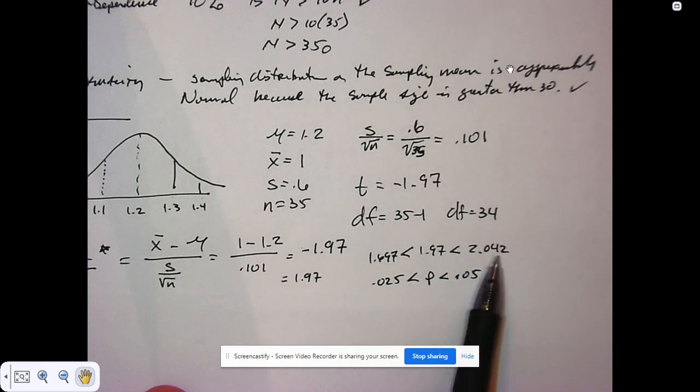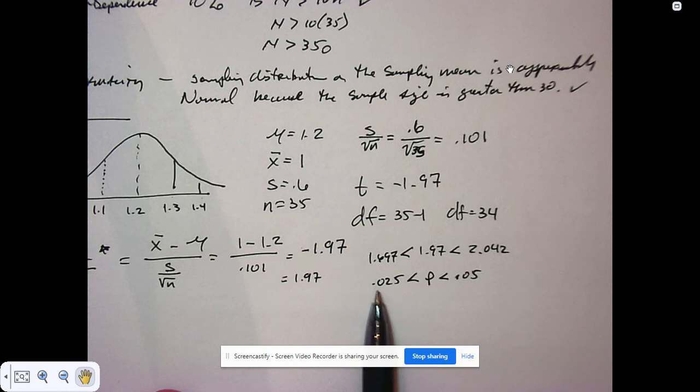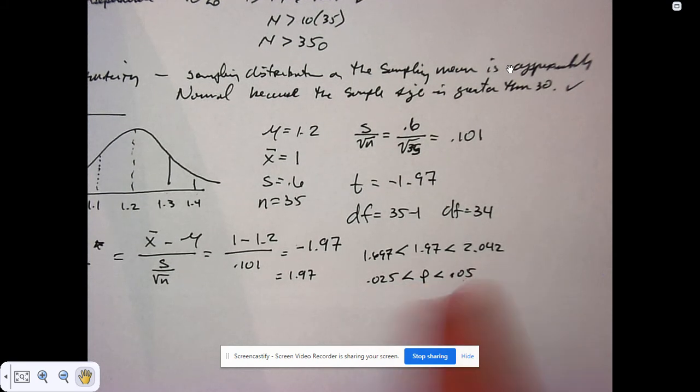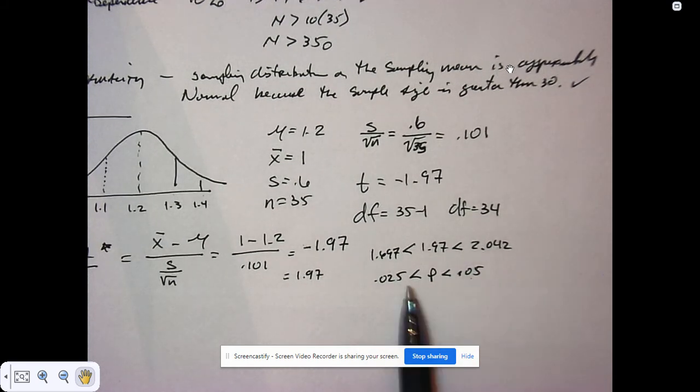The 2.042 is a tail probability of 0.025, and the 1.697 is a tail probability of 0.05. Okay, so these switched, as they always do. So now we don't know where our p-value is other than between these two points.